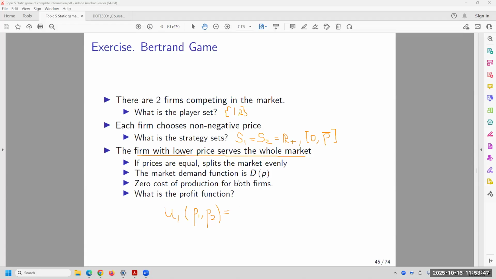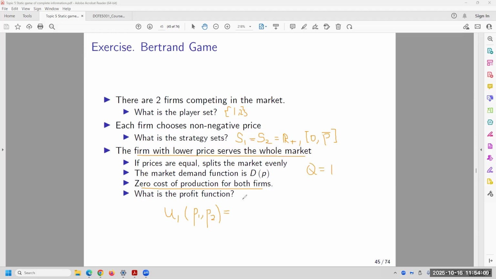So the problem is the following. Suppose zero cost of production, and suppose the market size Q is normalized to 1.